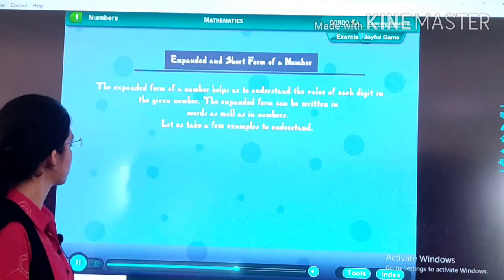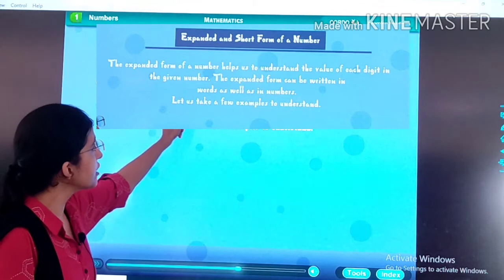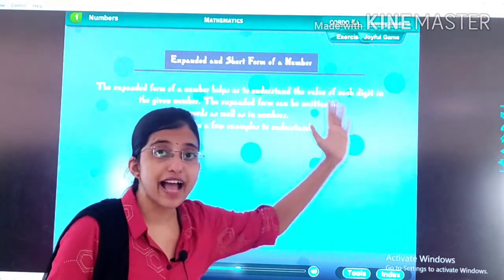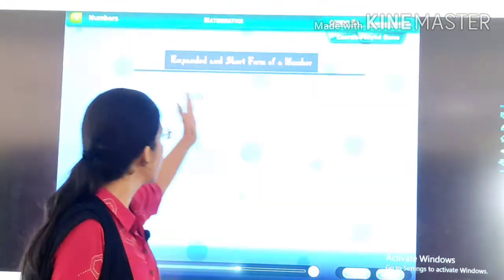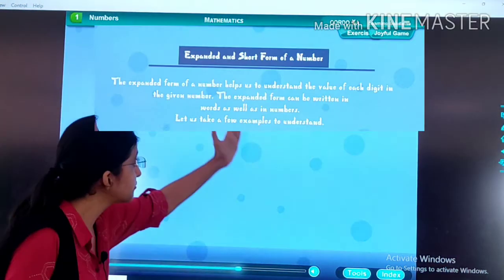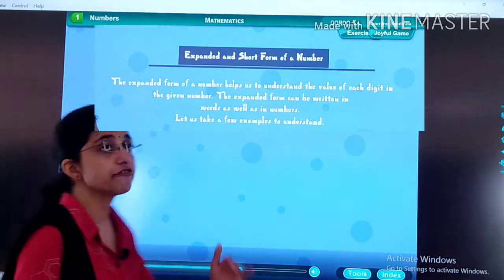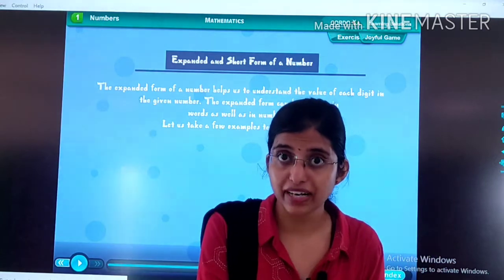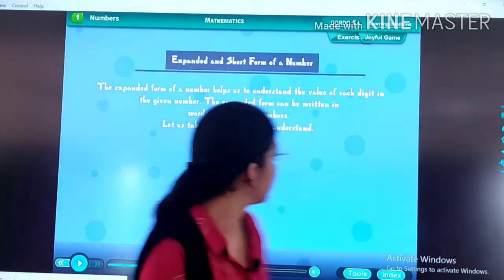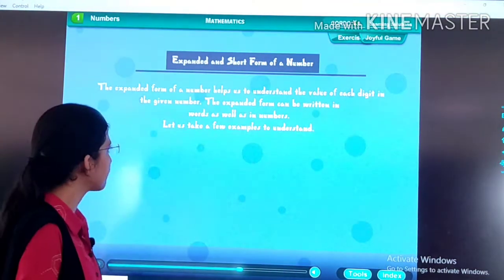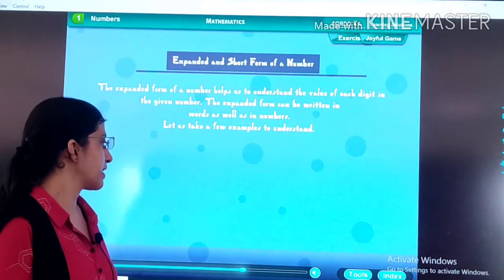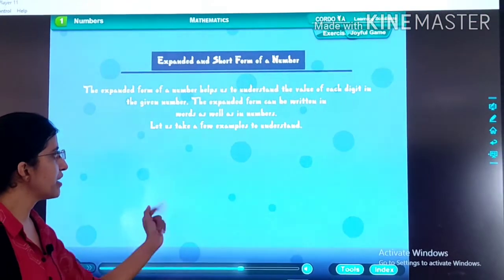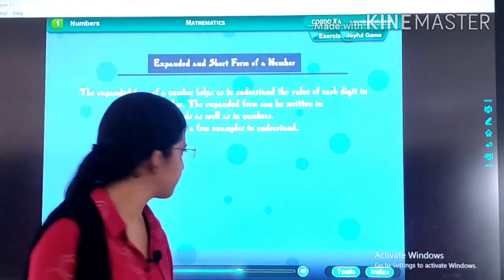The expanded form of a number helps us to understand the value of each digit in the given number. The expanded form can be written in words as well as in numbers. उनको हम words में भी लिख सकते हैं और numbers में भी. Let us take few examples to understand them. It is very simple. You will be able to do it very fast.